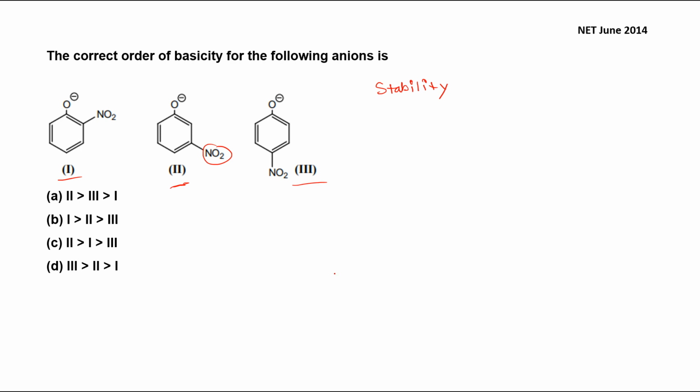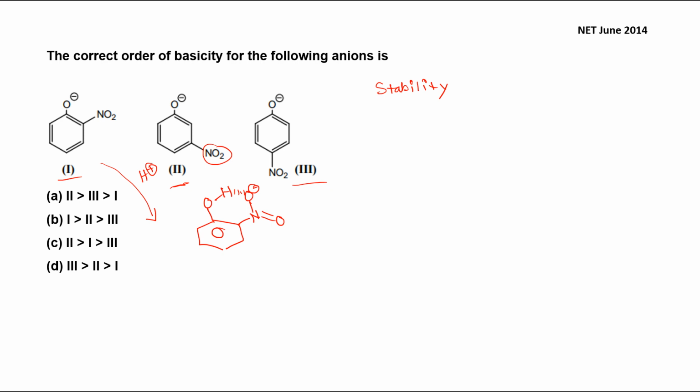Now if 2 is maximum basic, that we can get in two options, right? A, C. So still we have to discuss among 1 and 3 which one will be more basic. Now if you add a H plus here, the conjugate acid that you get will be OH, and if you write NO in extended way, there is hydrogen bonding possible like this.